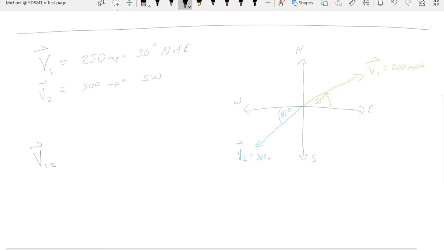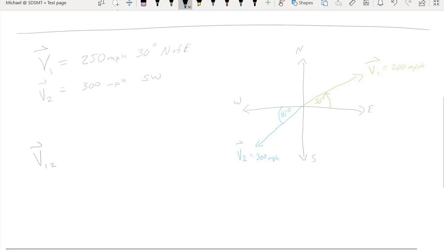So 300 miles per hour to the southwest. So these two planes look like they're almost pulling directly away from each other, but that's not quite the case because they're not 180 degrees apart.